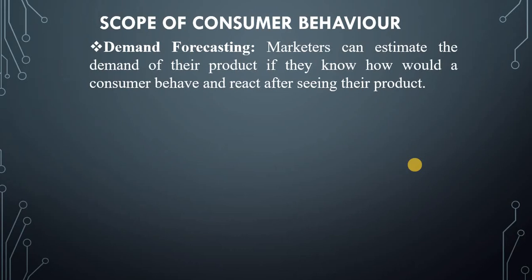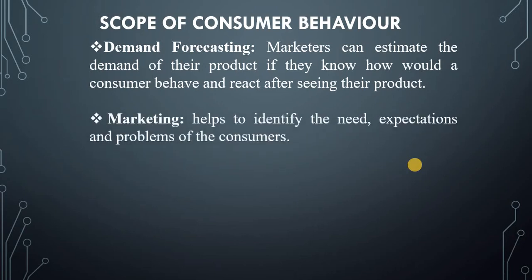If they are able to analyze the behavior, then they can forecast the requirements of consumers, how they buy, when they buy, and what quantity they are going to buy. If they know the consumer behavior, it is easy for them to forecast the future demand of the product.